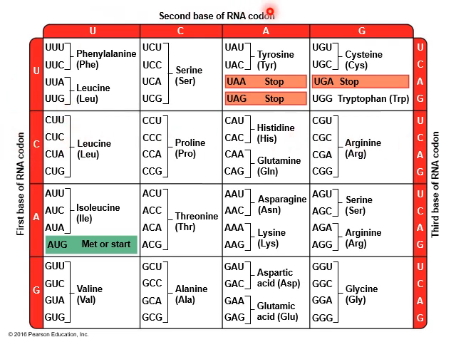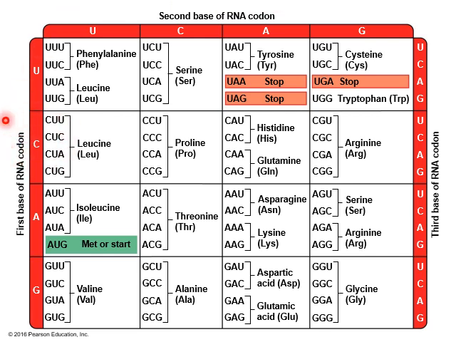Then the second letter is going to be represented by the rows. So if the second letter is a G, you know it has to be in this row right here. Actually, I'm sorry, I guess I got these reversed. So these are rows, and then these up and down are columns. So say you were looking for CGU. So we take a look here.